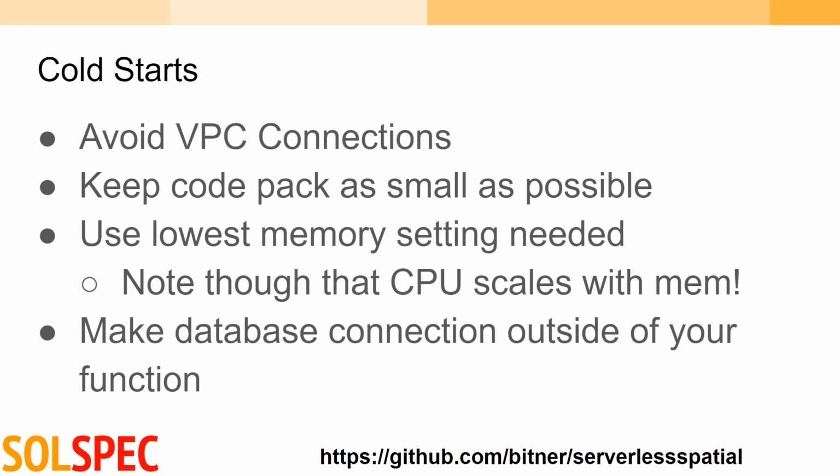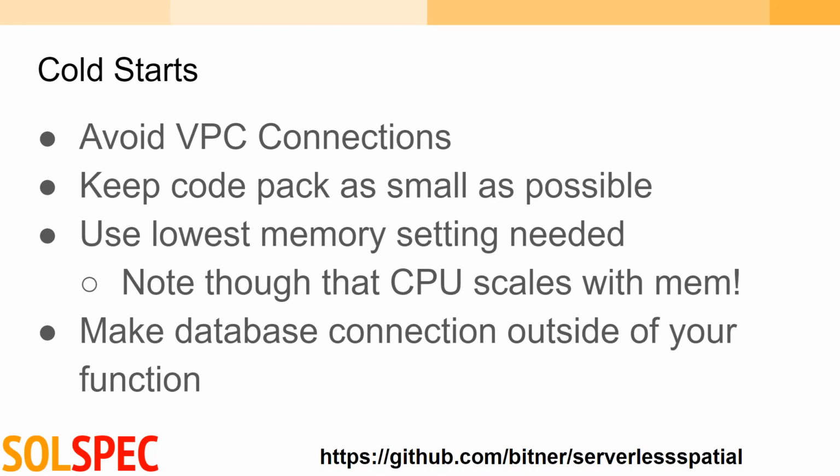So, for example, when you are using the map server Lambda that I'll demonstrate later, because map server is using quite a bit of CPU, even though it does not use much memory, you can get much faster results if you set a higher memory setting when you're setting up your Lambda.